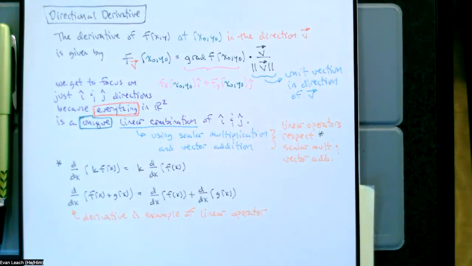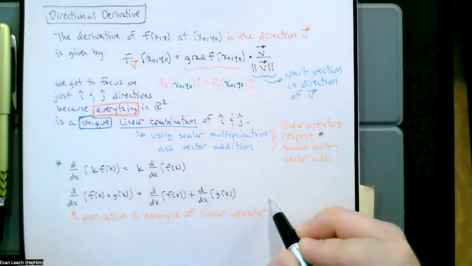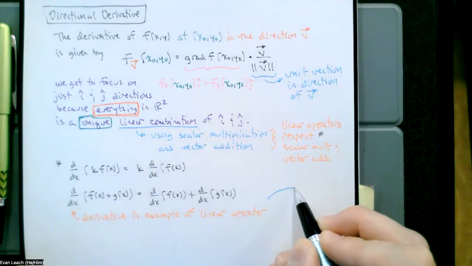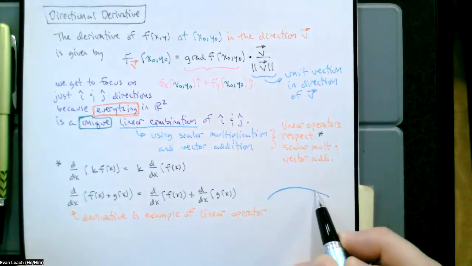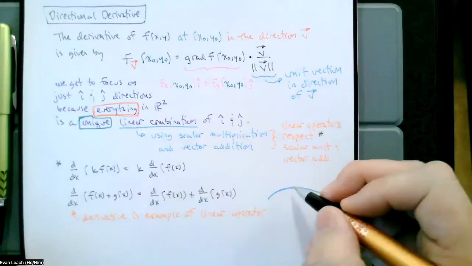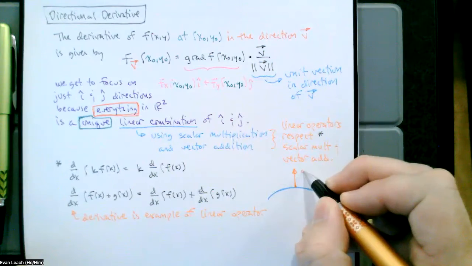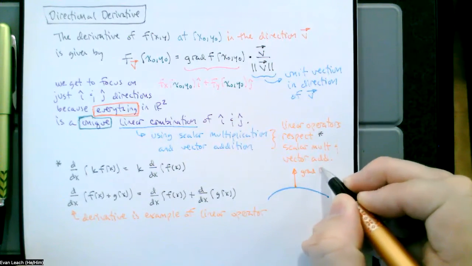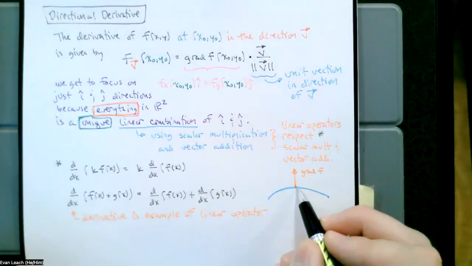That's going to give us a multiple of our gradient. Starting with cosine of 0 equals 1 when we're going in the same direction as the gradient, down to cosine of 90.